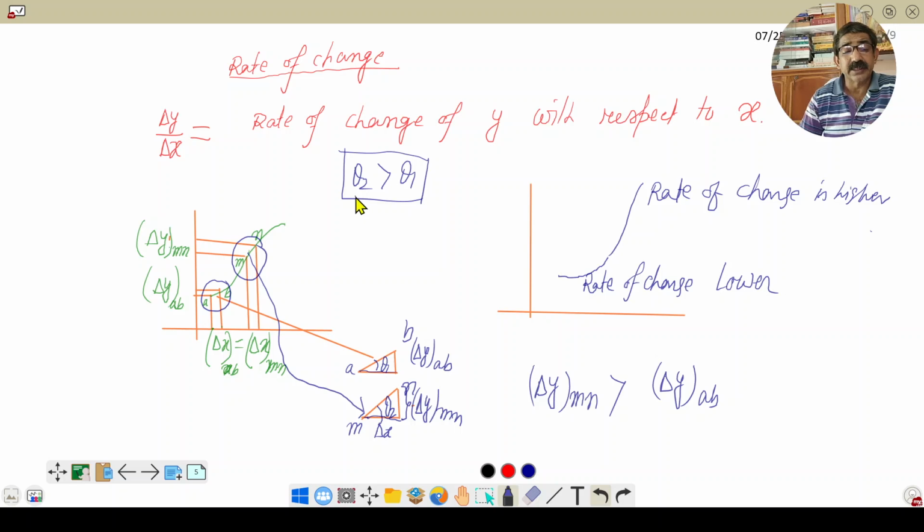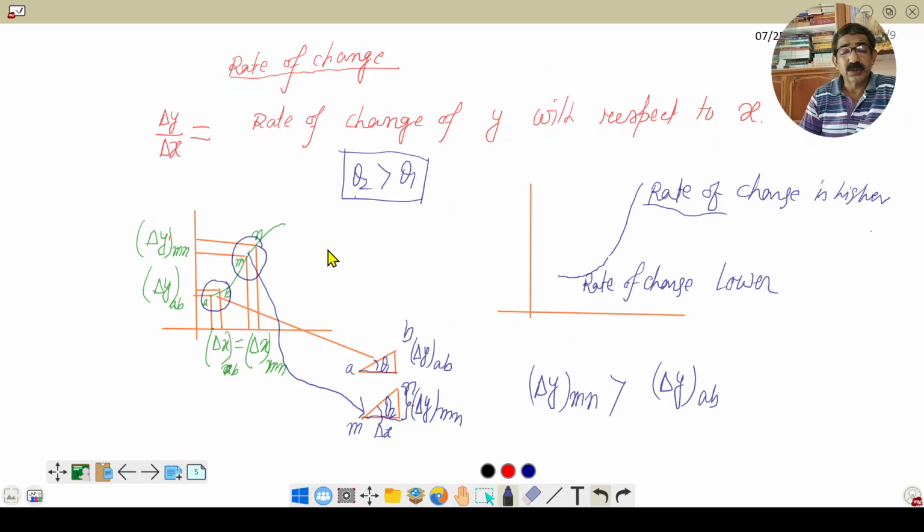If theta 2 is greater than theta 1, then we can say the rate of change is higher between these two points, and the rate of change between these other two points is lower. So the same information can be given by two different languages, by two different modes.